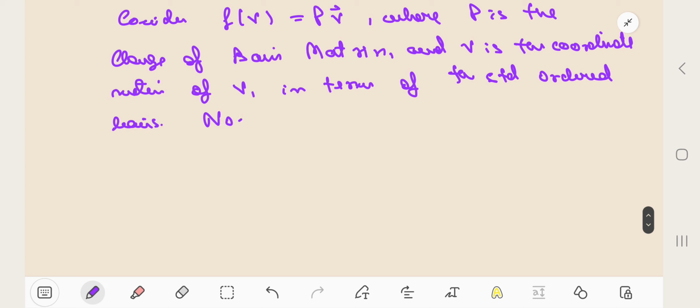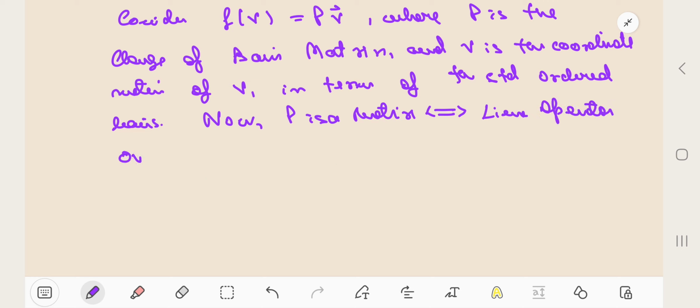Now P is a matrix, and we know that matrices are equivalent to linear operators over a finite dimensional normed linear space, which implies that P is a bounded operator.